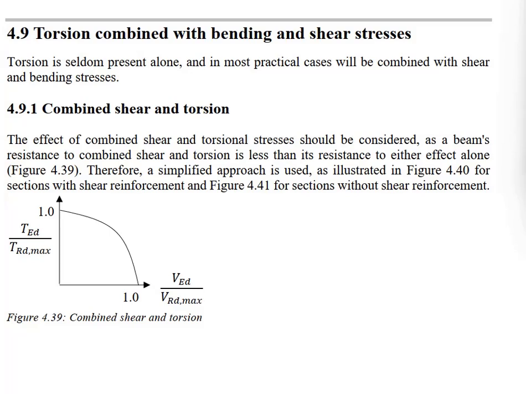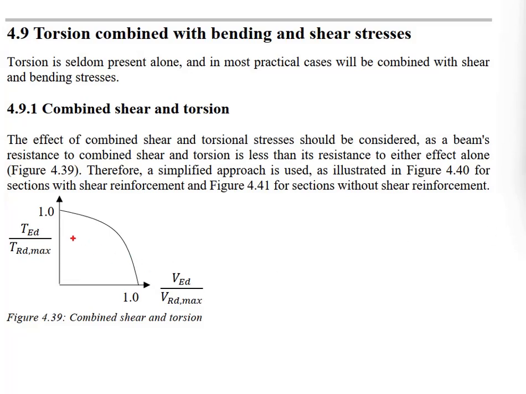To make it simple, if you are designing a section to resist torsional load alone without any shear load, you can freely use up 100% of the torsional resistance. Same goes to applications for the shear. If the member is only subjected to the shear load without any torsional load, you may also use up 100% of its shear capacity.